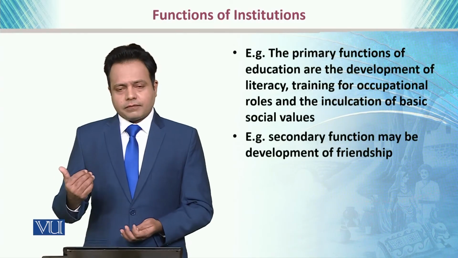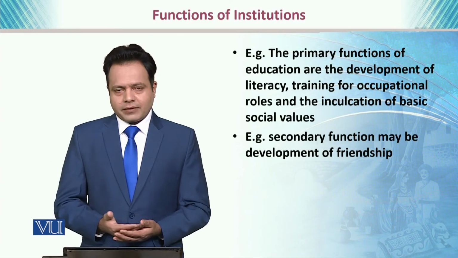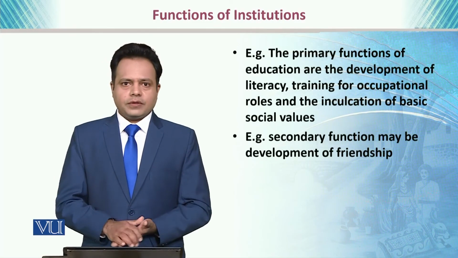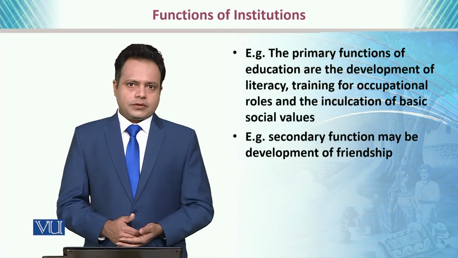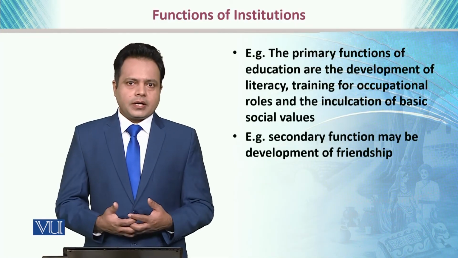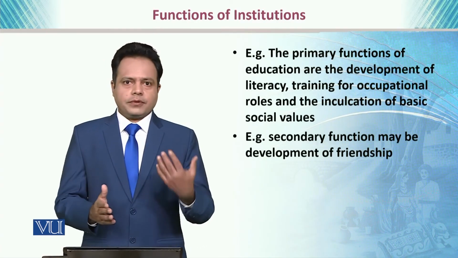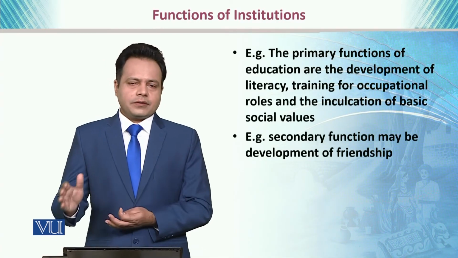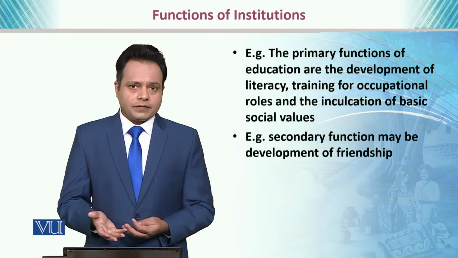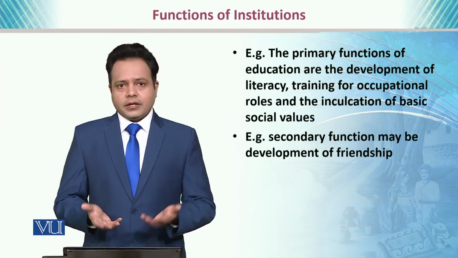Whereas the secondary function may be that when children go there, they interact with each other, and they build a friendship bond among them, so they can have that important function as well.